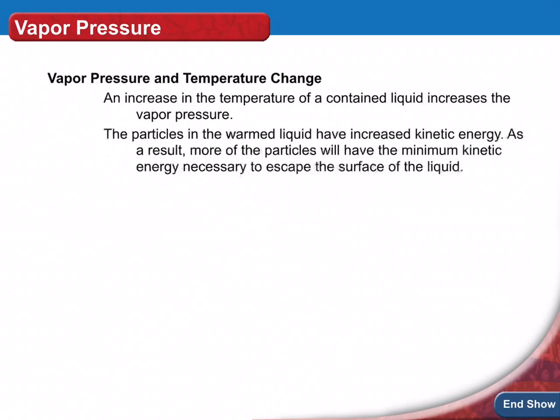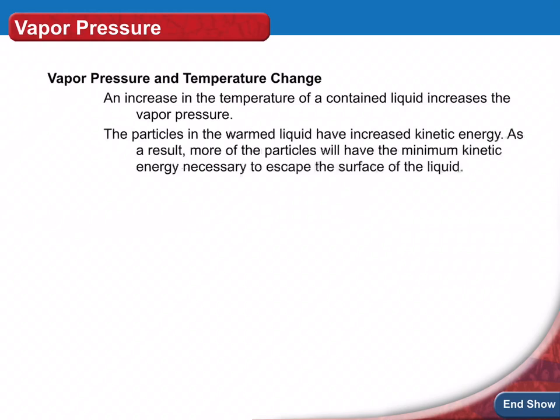So if you increase the temperature of a liquid, what is that going to do? Well, more particles are going to have the minimum energy it takes to become a gas. If more particles are becoming a gas, you're going to have more gas at the surface, giving more pressure at the surface, and that's going to increase your vapor pressure.